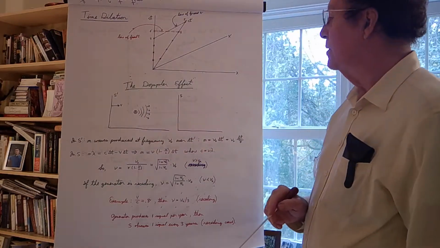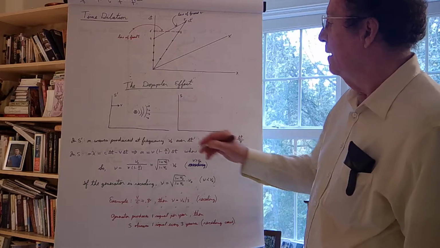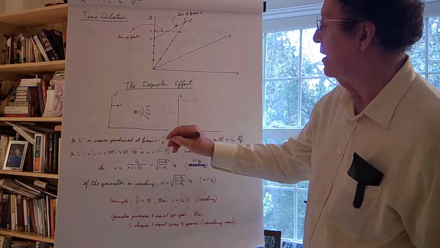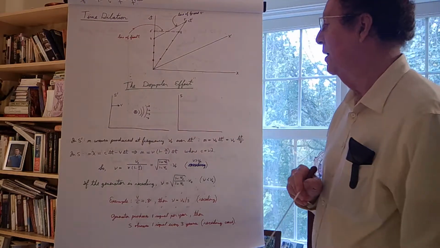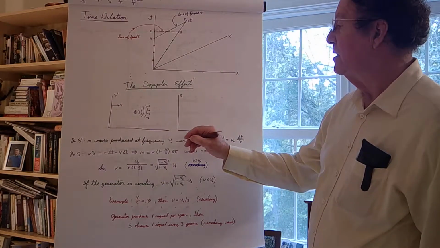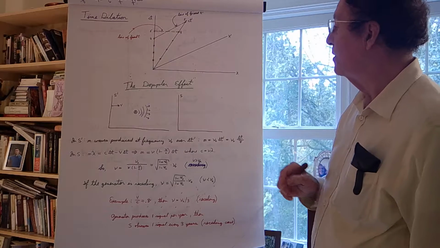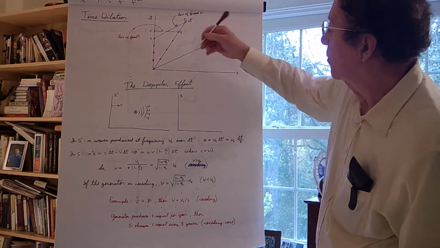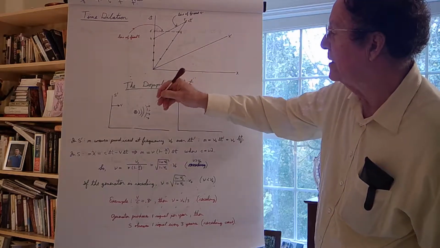Okay, but that observer is going to observe a different frequency because the wave train, whose length is n times the wavelength, is now given by the distance that the light travels. So the light is coming at velocity c.